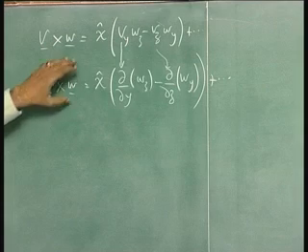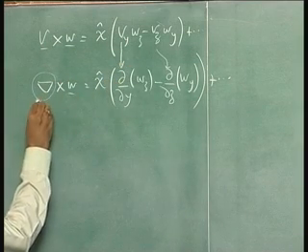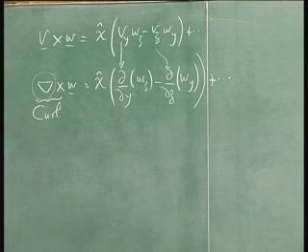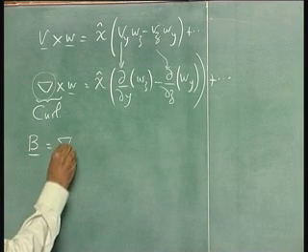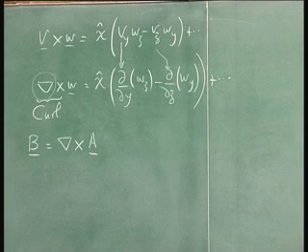It takes vectors and gives you vectors, and this operator is called the curl. And what we have seen is that the magnetic field is the curl of a vector field. So, obviously, curl is a very important concept.